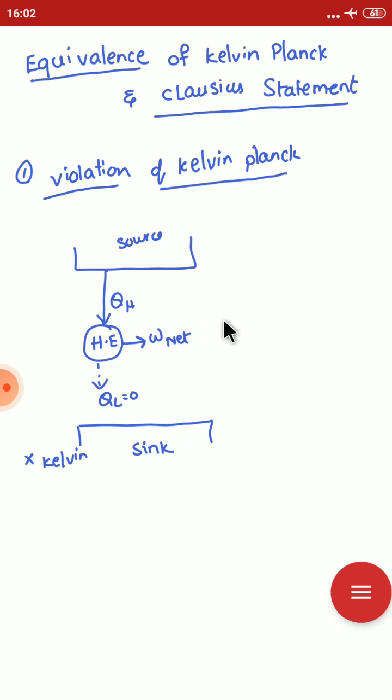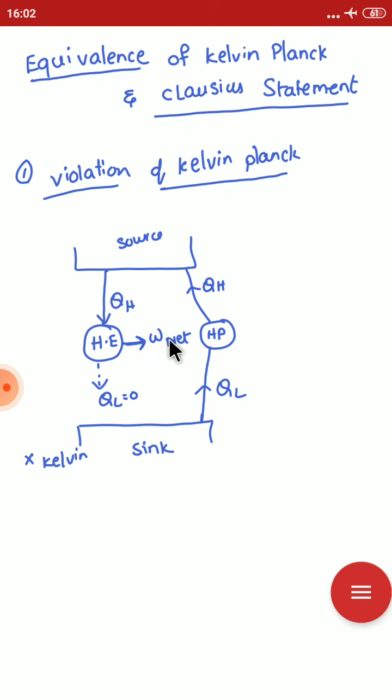Now I am writing the Clausius statement. The heat pump can only work with an external amount of work. It can only convert energy from the low temperature body to the high temperature body when there is external support.